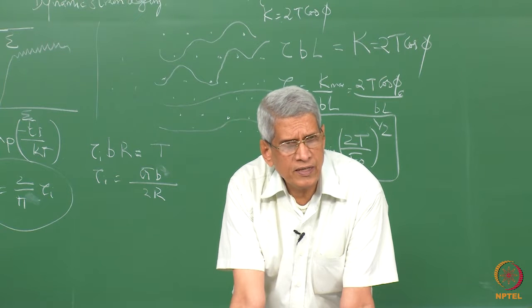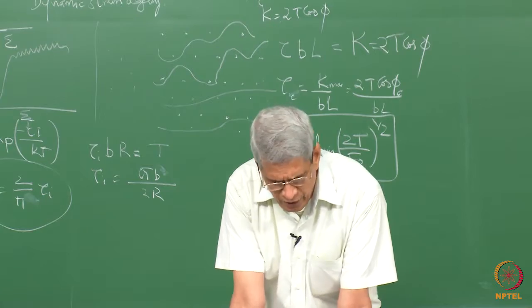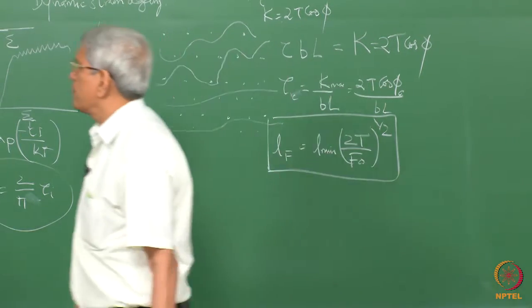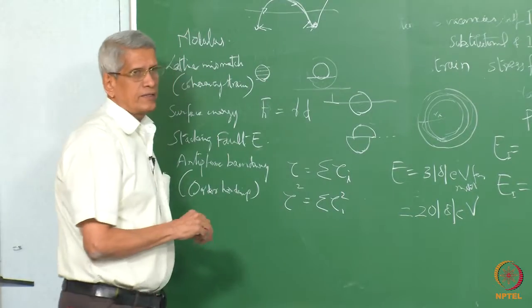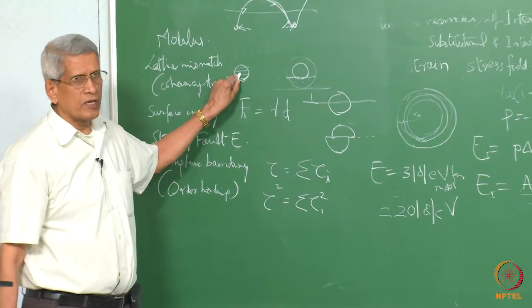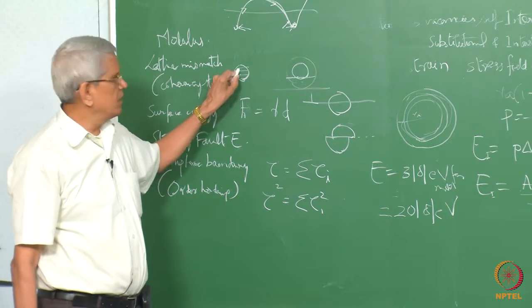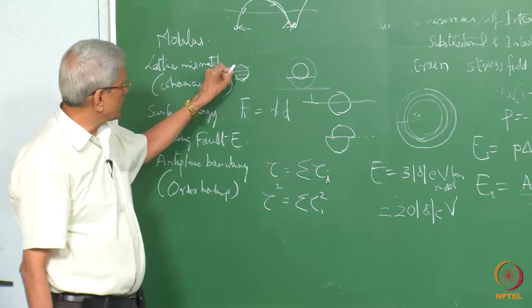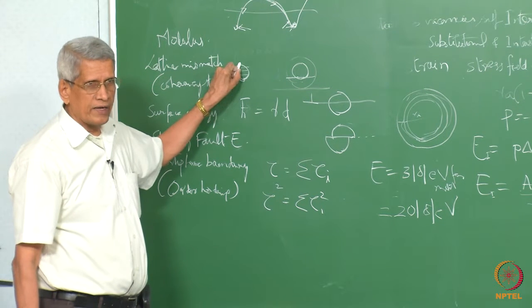Now let us consider one particular case. We consider two cases: particles that have a finite radius but are disordered, and order hardening, which comes in where the particles are ordered.